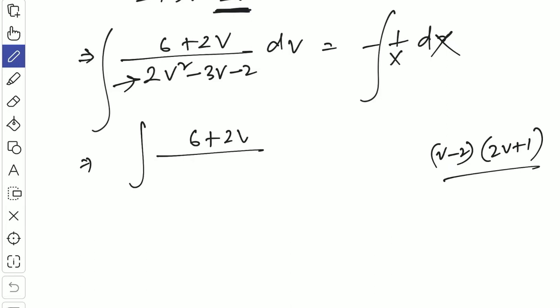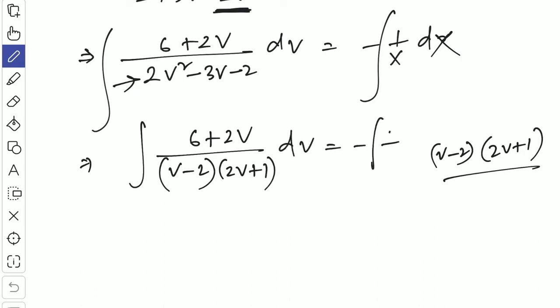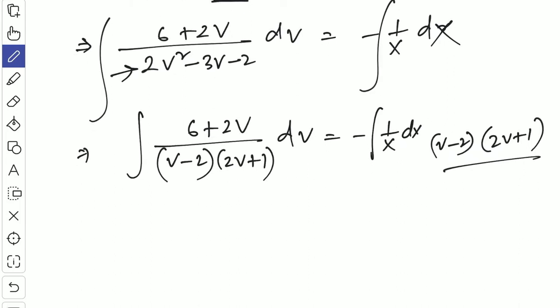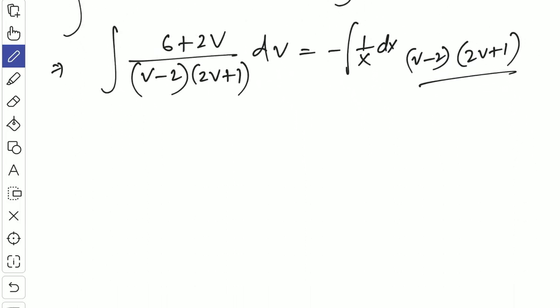So 6 plus 2v, that's going to be (v minus 2) into (twice v plus 1) dv minus integration 1 by x dx. Now we will apply partial fraction.